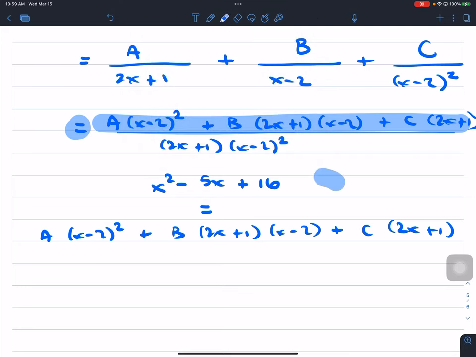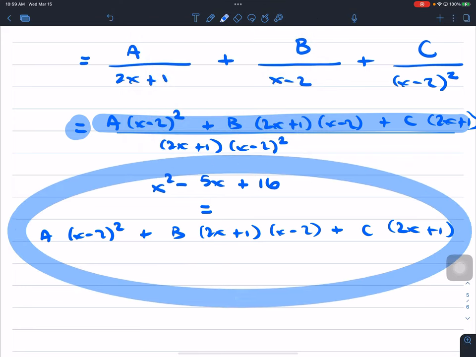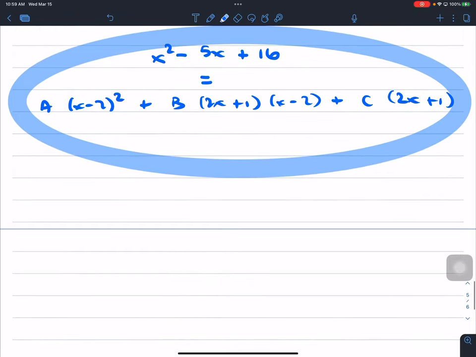Okay? This is that equation you guys are going to use to get your constants A, B, and C here. Okay, so this is that equation.